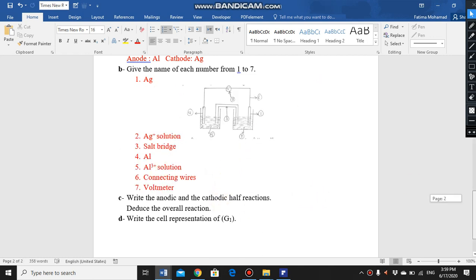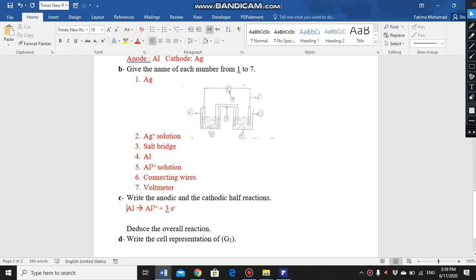Now write the anodic and cathodic half reactions. The anode is Al, so Al is losing 3 electrons to become Al3+. Anodic half reaction.